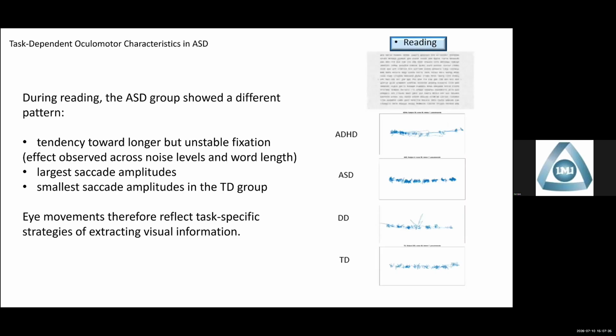Interesting, in the last experiment of reading words and pseudo words, again, the group with autism spectrum disorder had a very interesting and different oculomotor behavior, but fixation, although unstable, was longer than the fixation from the other groups.